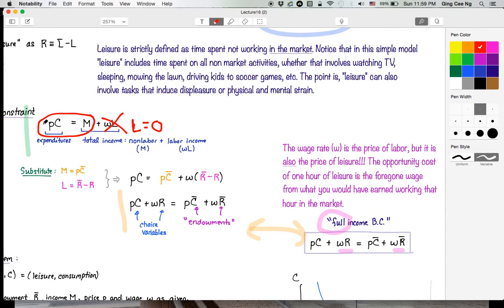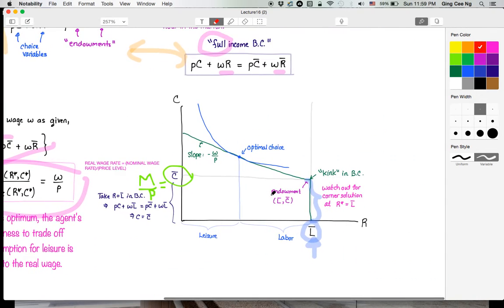So this is exactly C bar here. If you didn't work at all, you'd be able to consume at most C bar. That's why all of these bundles here are feasible if you were to not work. That's why you have this kink.